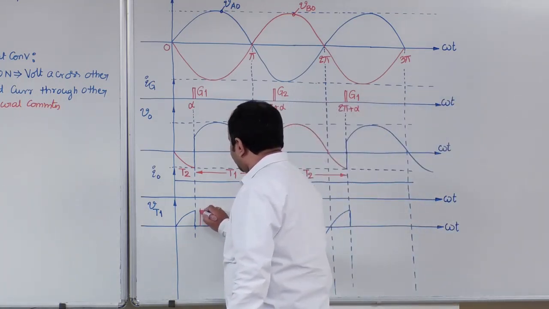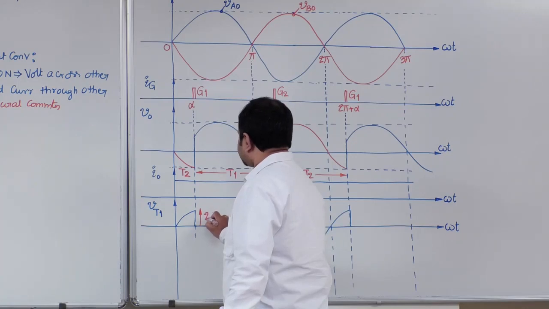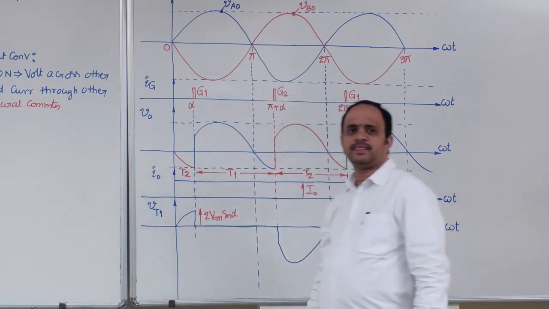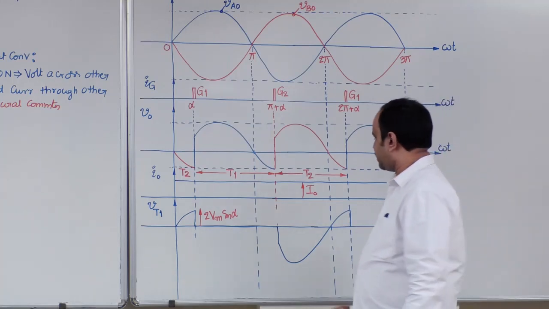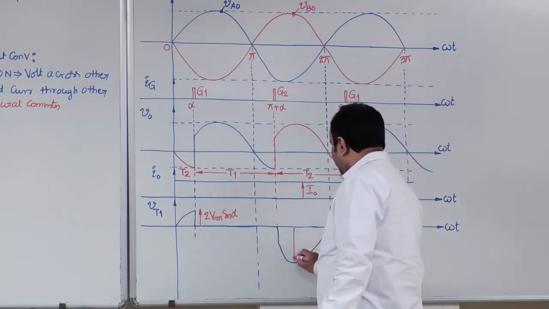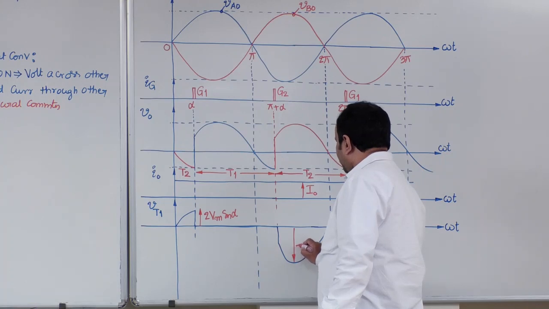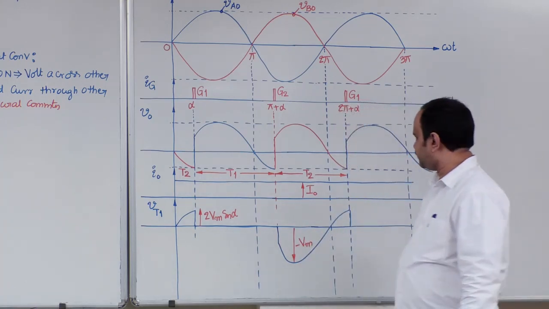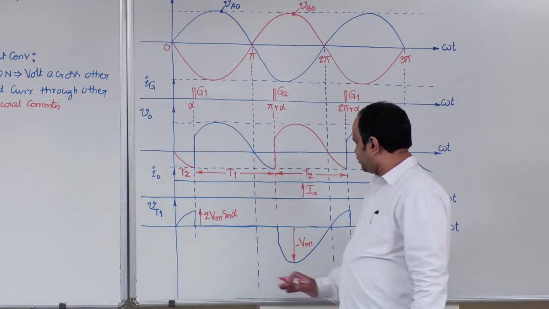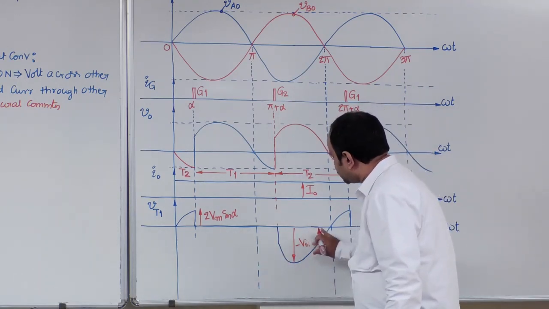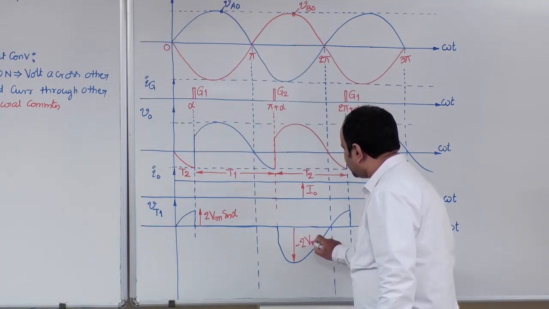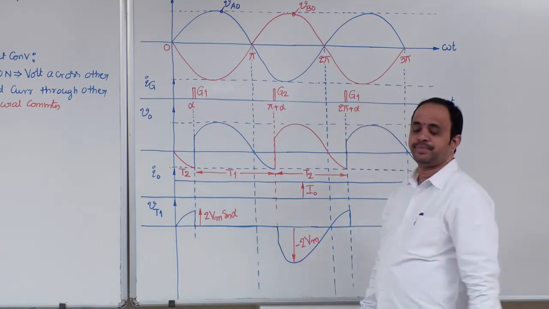Therefore, this particular voltage is 2Vm sin alpha. And this peak value is minus 2Vm, on the minus 2Vm sin omega t plot.